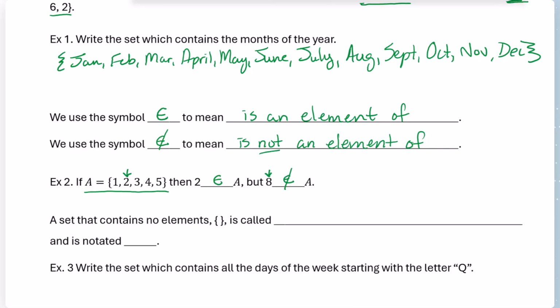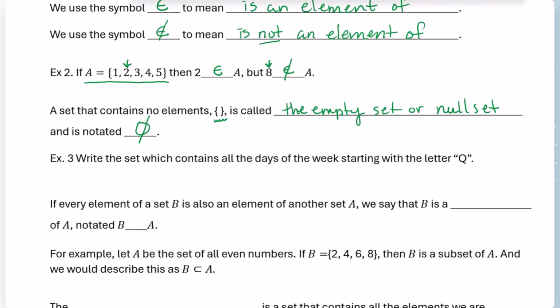It is possible to have a set that contains no elements. It's called the empty set, empty because there's nothing in it. Or we could call it the null set. And the null set is notated as a 0 with a line through it, saying, hey, we did what was asked, but nothing qualified for the set.